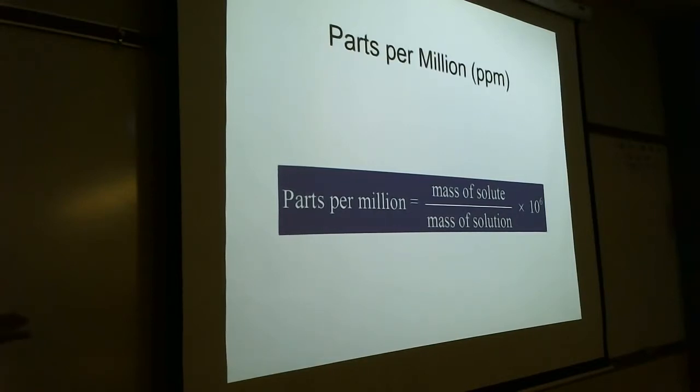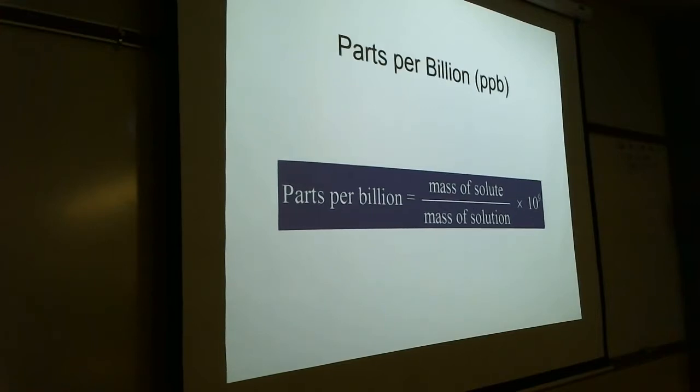But again, you would use parts per million or parts per billion if you are dealing with a very low concentration. So this is way, way, way, way, way lower than molarity. Right? You would not express something like a molarity in parts per million or parts per billion. It'd be 5 times 10 to the 8th parts per million. That doesn't make sense.